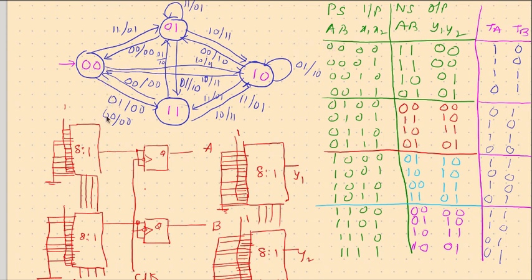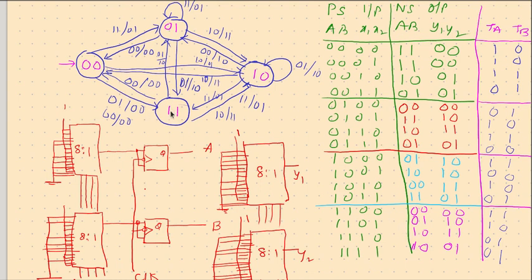If input is 00, we go to 11 producing an output of 00. From 00, if input is 10, we go to 11 producing output 00. From 00, input 01, we go to 11 producing output 00. And that way you can just complete the table.